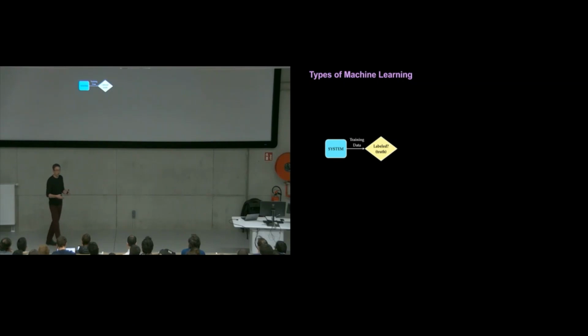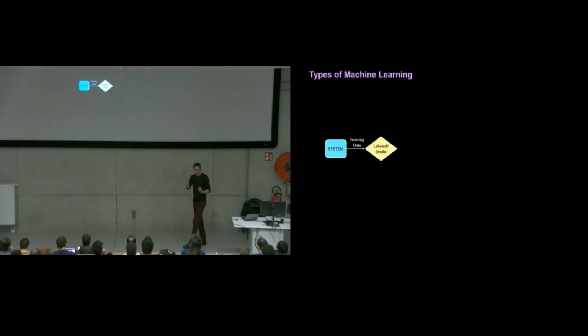I'm picking one categorization, which is whether or not you have labeled truth data. Oftentimes when I collect my data, I know what type of data it is. So I'm taking pictures, and if Facebook has all of your pictures, it got you to label them. Right?